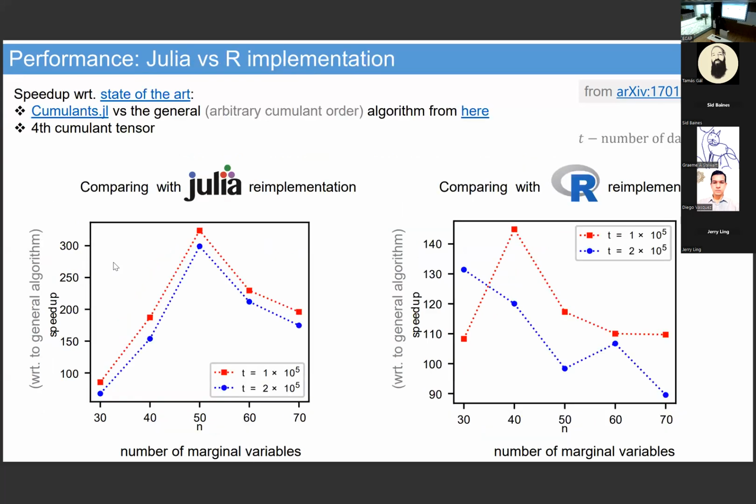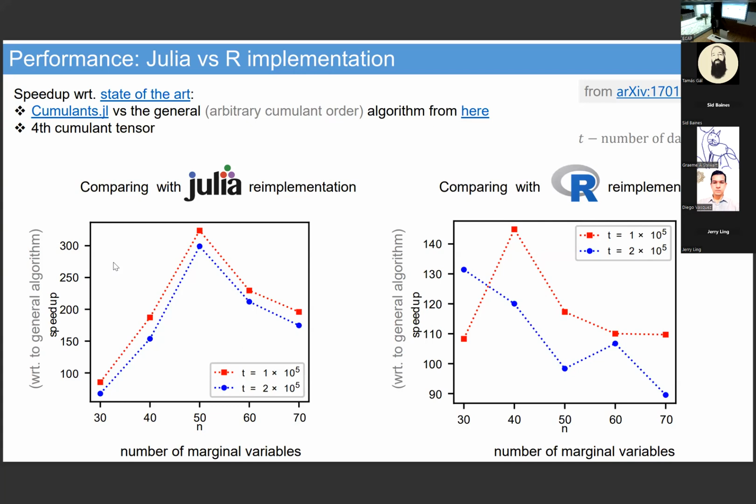And the authors also did a comparison with the state of the art, which is a library written in R. What was done here is again a speedup plot, also as a function of the dimensions. There's also some funny t, which is the number of samples.